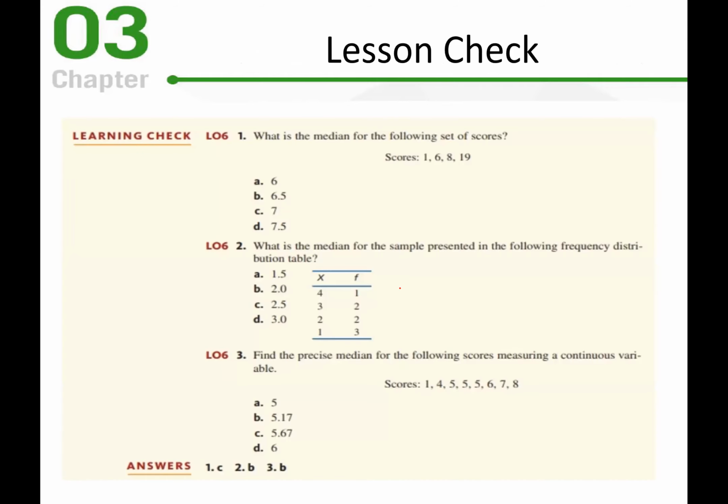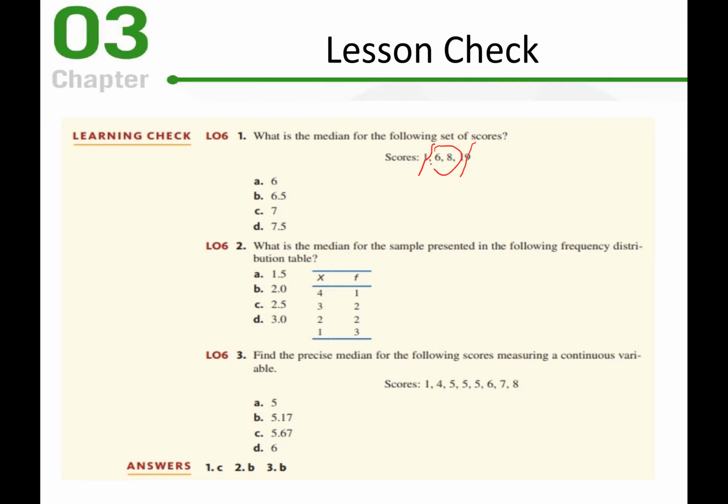All right, so let's look at some problems. In this one, it's asking us, what is the median for the following set of scores? Well, they're already arranged from smallest to largest, going from left to right. So then we just cross out the lowest score, cross out the highest score, right?